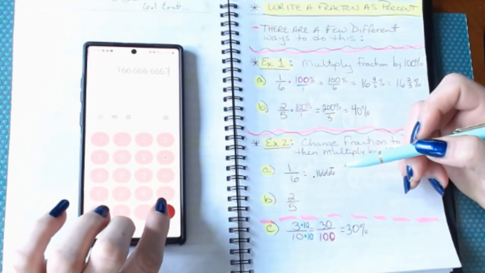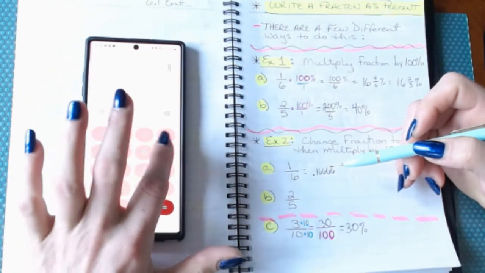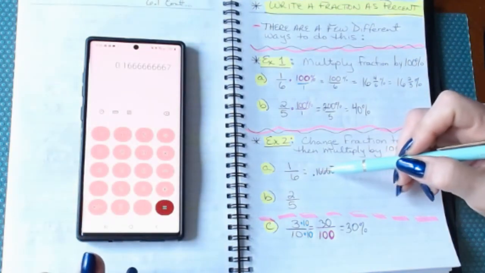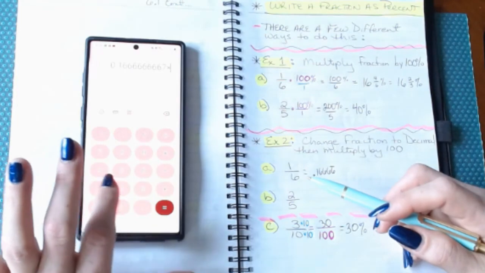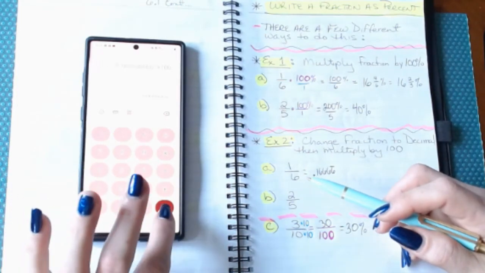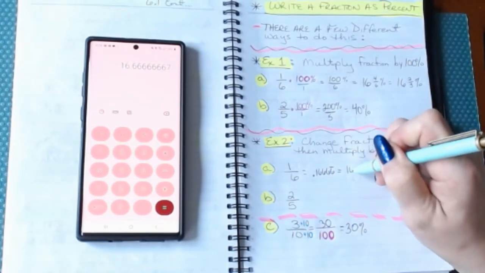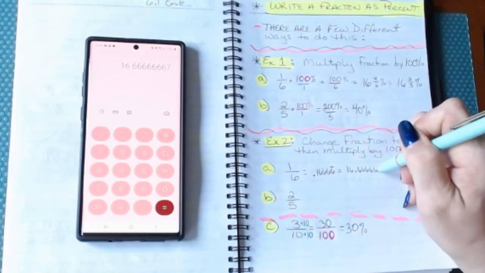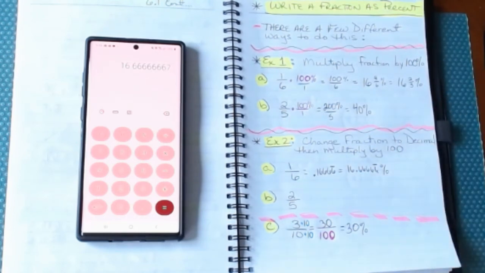So if I multiply that, take my 1 divided by 6, enter, 0.166666666, remember, rounded, and then times 100, enter, and we get 16.66666, repeating, and that's our percentage.